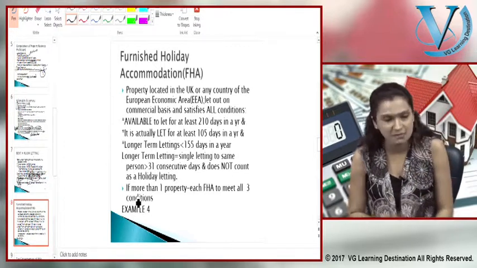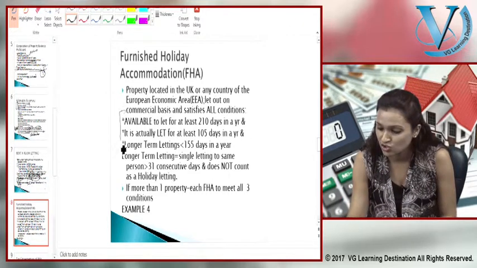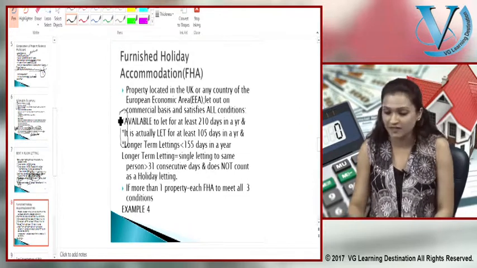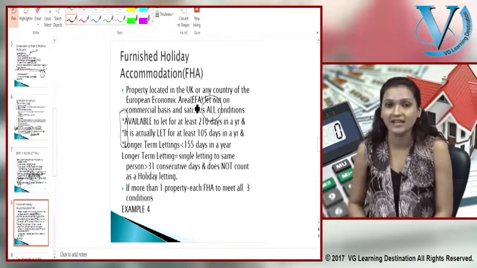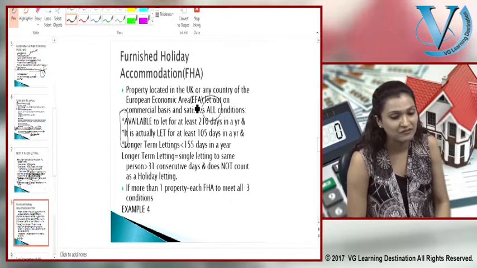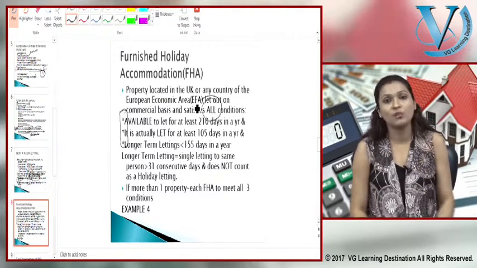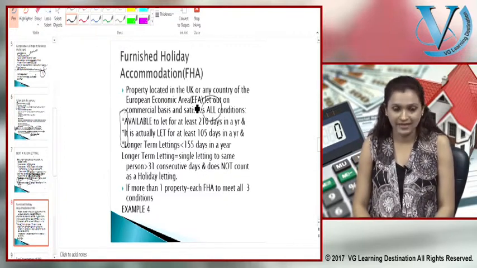Let's have a look at a very simple example to find out how we're going to practically apply these three rules, all of which need to be satisfied in order to classify as a furnished holiday accommodation. So let's quickly go through the rules again. It must be available to be let out for at least 210 days.